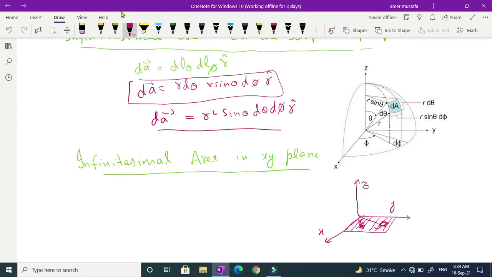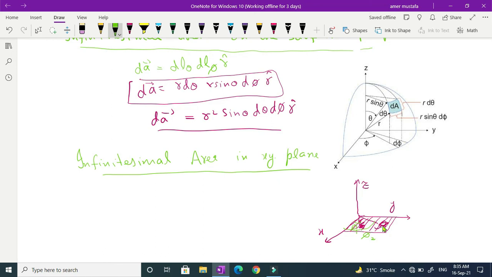R is changed in this plane, because at this position r is different from this position, and phi is also changed. Here the phi is suppose phi 1, and if you take this infinitesimal area, then phi is equal to phi 2. Phi is changed. What is the constant here?